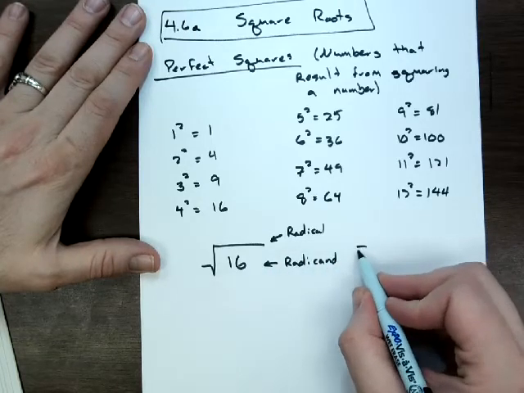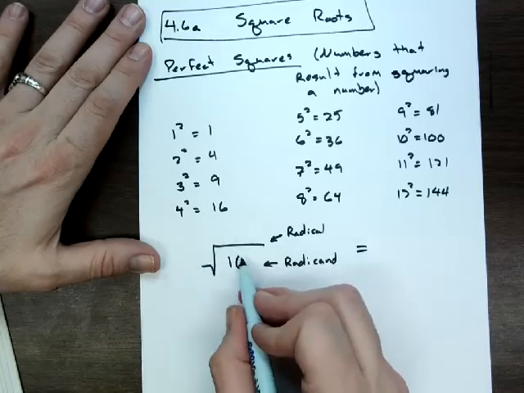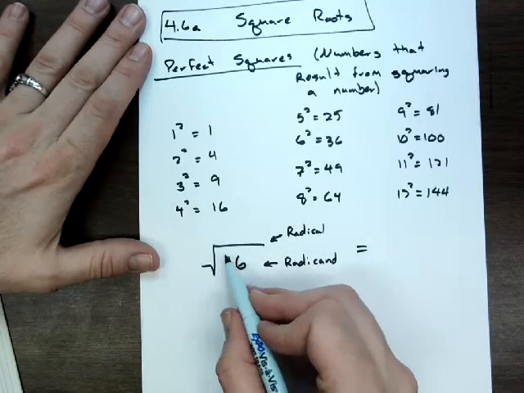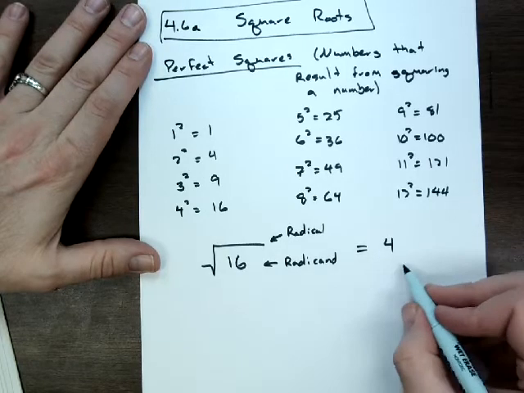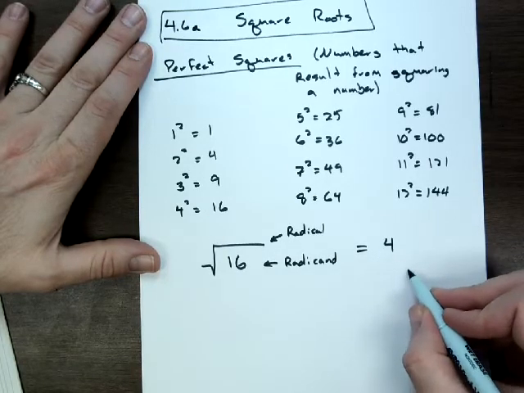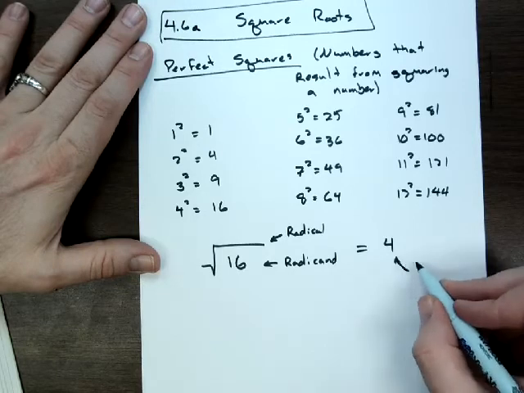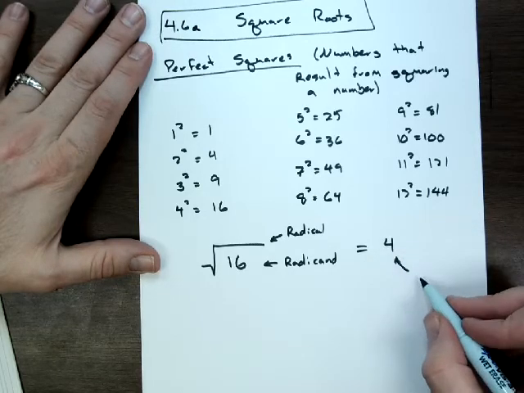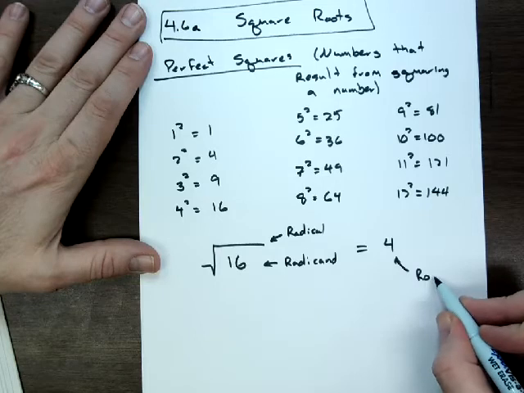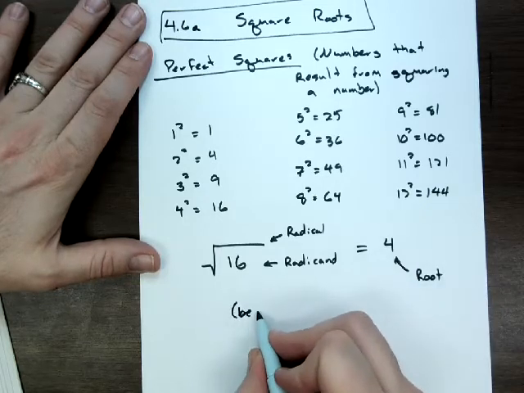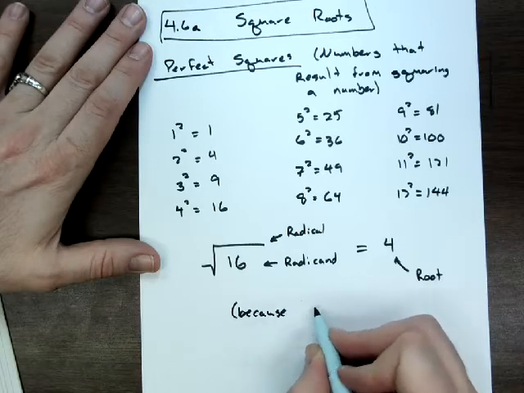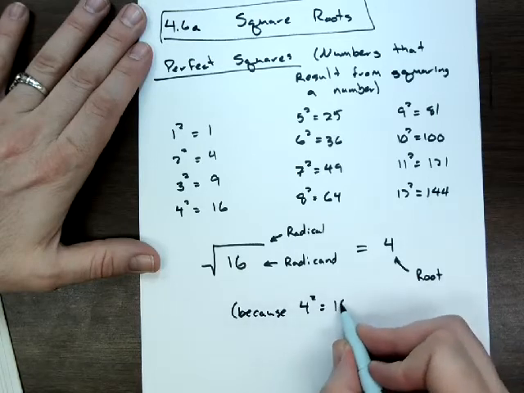Now, when we evaluate this, we'd say that the square root of 16 is equal to 4. By the way, the answer to something like this is called a root. And this is because 4 squared is equal to 16.